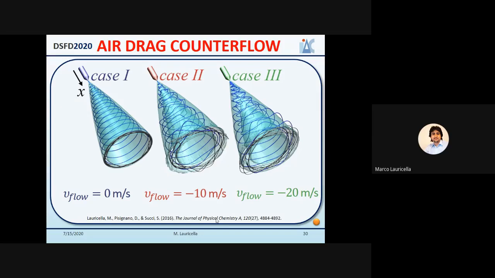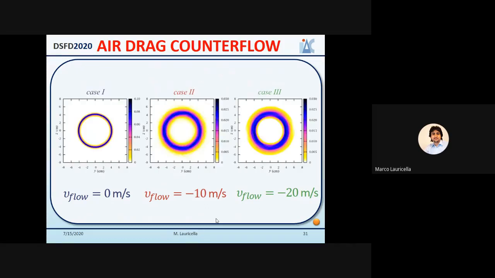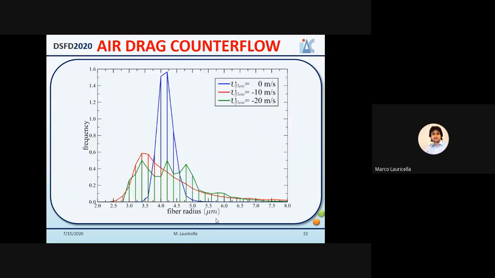And for instance, we have investigated the effects of the velocity flow on the cone drawn by this bending instability. Moreover, we can also analyze the morphological features of the fiber, such as the fiber radius as a function of the counterflow velocity.